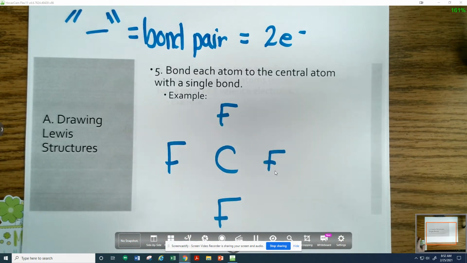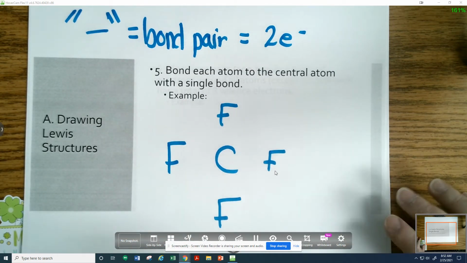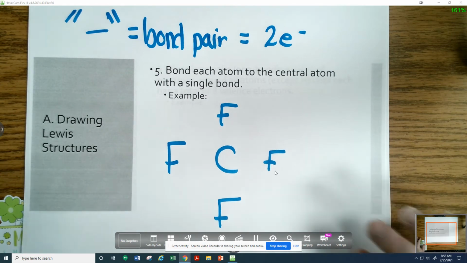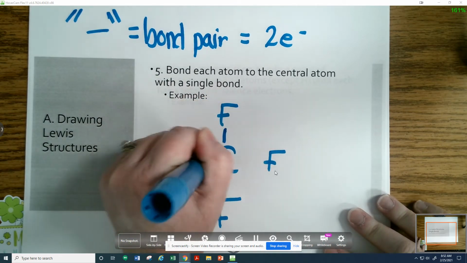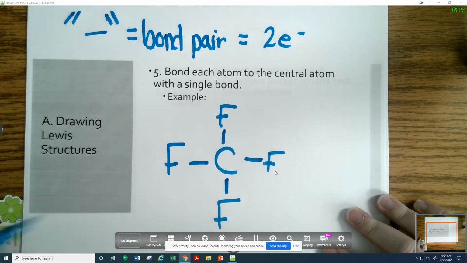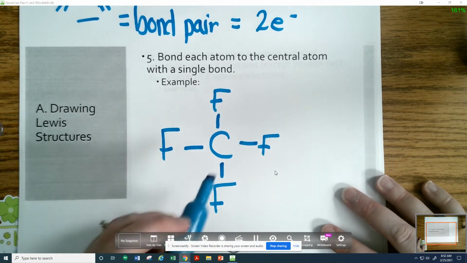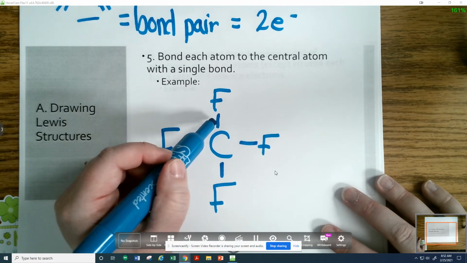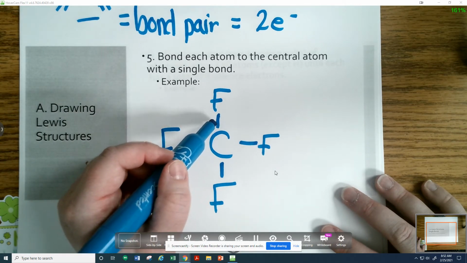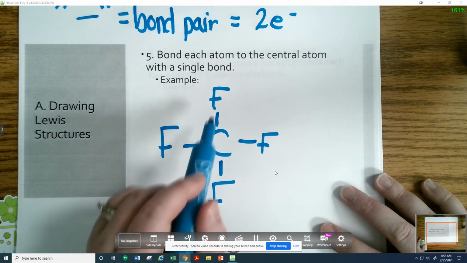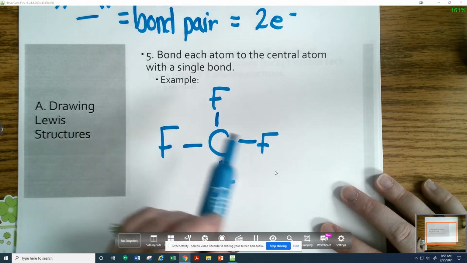So we have to show that there's sharing of electrons taking place between the carbon and the fluorine atoms. The idea is that this carbon and this fluorine are sharing 2 electrons here. But not only is carbon doing that with 1 fluorine, it's doing that with 4 fluorines.